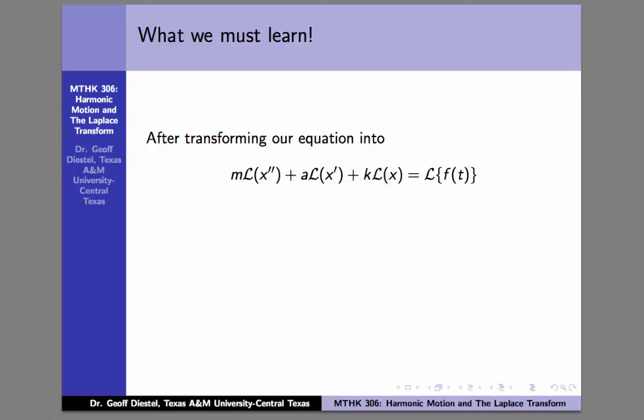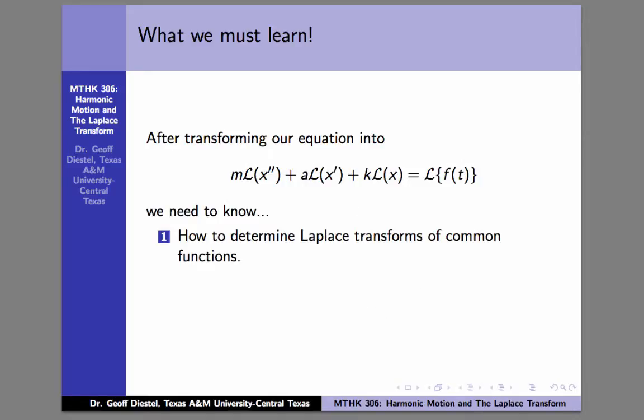So what must we learn? Once we've transformed our problem, we need to know, how do you actually determine the Laplace transform of a function? Whatever this given f of t is, I need to figure out what its Laplace transform is. Luckily, this has been around for a long time, so a lot of the basic functions have been computed and stored in tables. We can just refer to tables, and your book has a huge table.